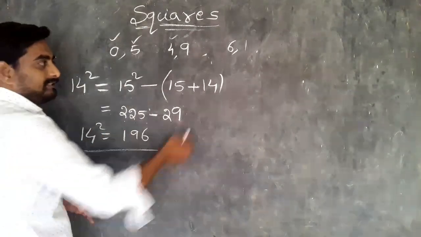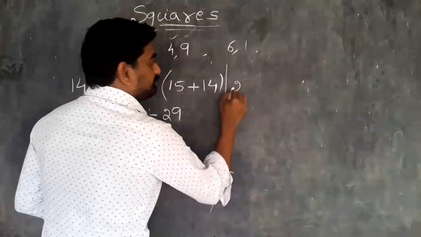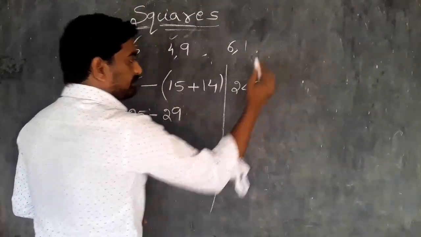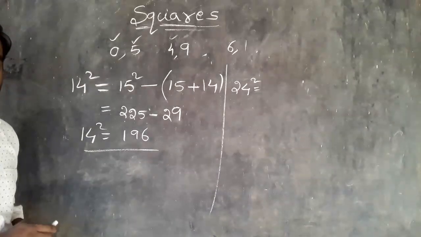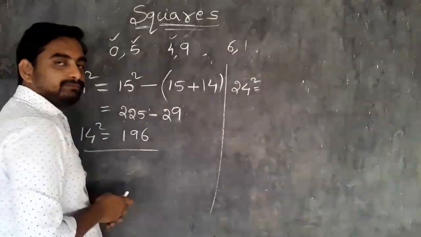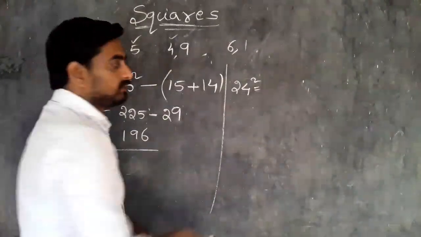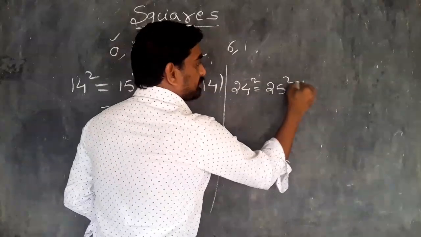We see another 4 ending number example, 24 square. For 24, which is nearer, 0 ending or 5 ending? The 5 ending is near, that means 25. So write 25 square.